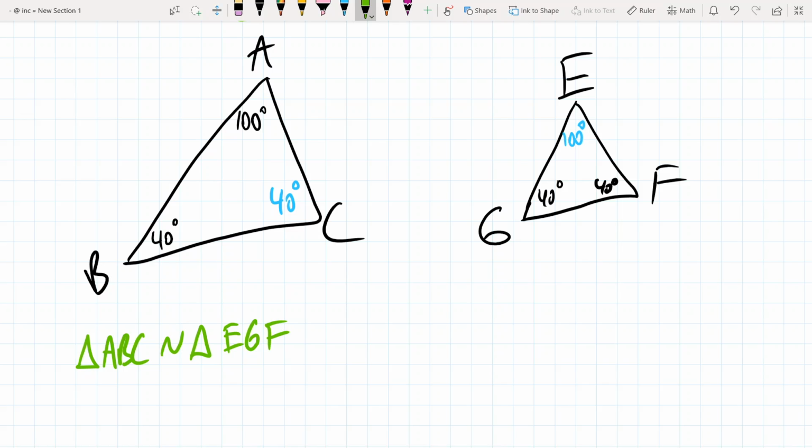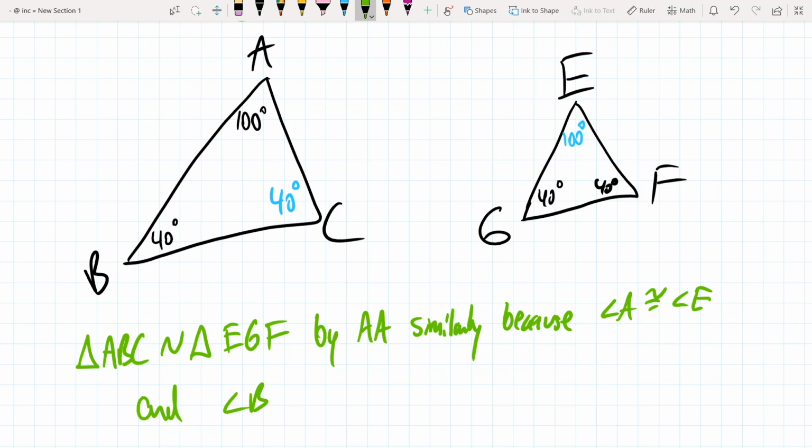And I'm going to word it slightly different this time. I'm going to say by angle similarity, because, I'm just giving you different ways that you could write your answer, because angle A is congruent to angle E and angle B is congruent to angle G.